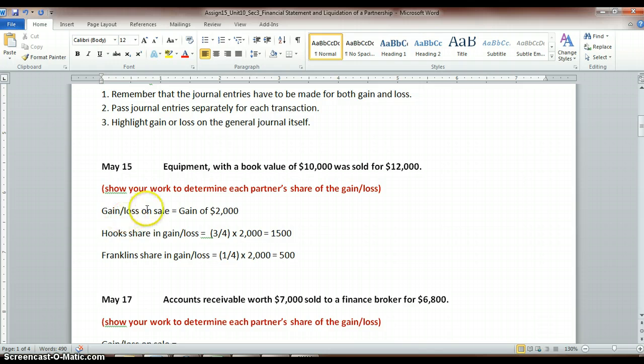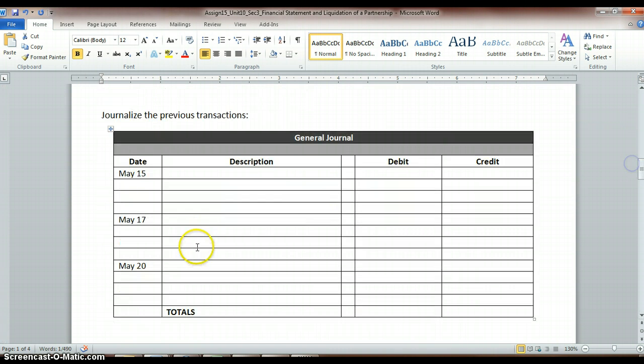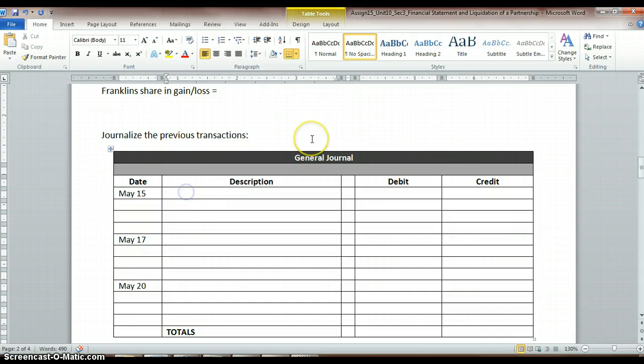So you might just think that I have to deal with Hook's and Franklin's capital accounts, obviously, but also don't forget that we sold off our equipment, so it's going to affect that account as well, and we got $12,000 for it. So when we go to journalize that entry, we need to think about which accounts we're using and how they're increasing or decreasing.